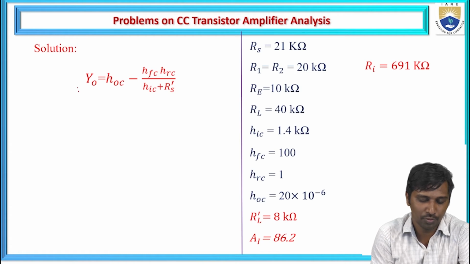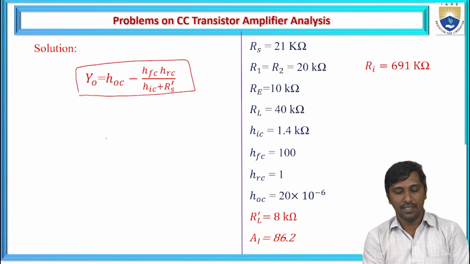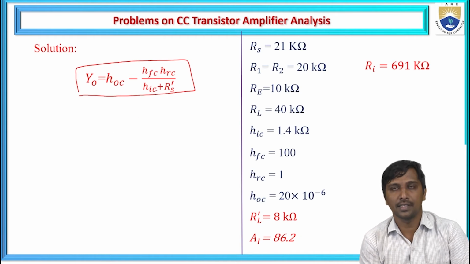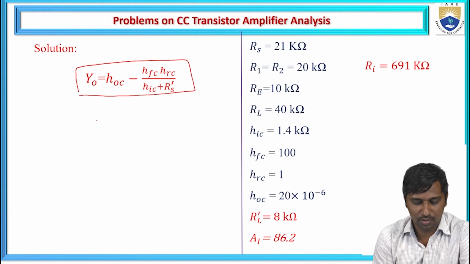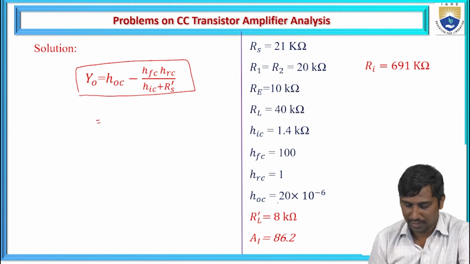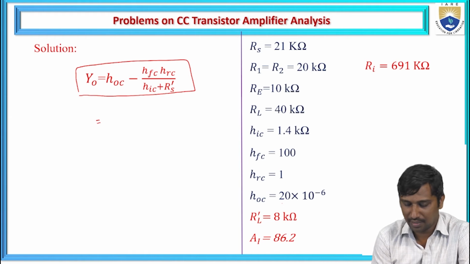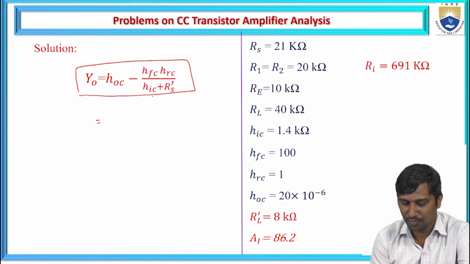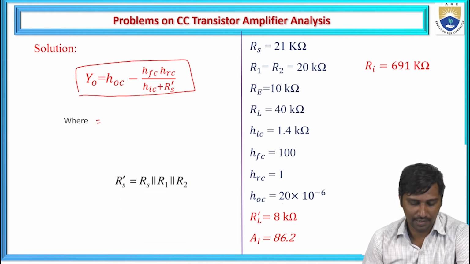We know that the output admittance Y0 is represented as HOC minus HFC into HRC by HIC plus R'S. HOC is 20 into 10 to the power of minus 6. HFC is 100. HRC is 1. HIC is 1.4 kilo ohms. And R'S, so first we need to calculate R'S.